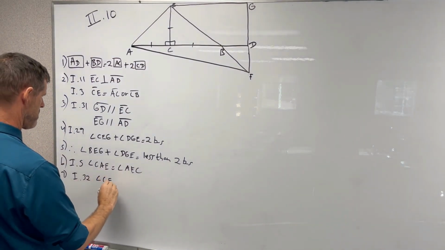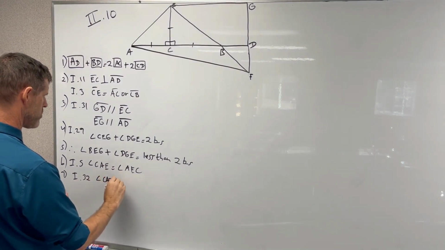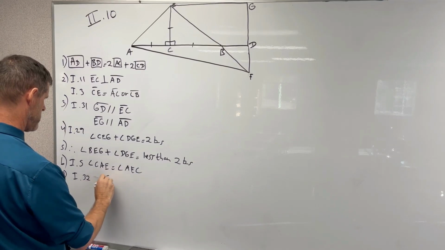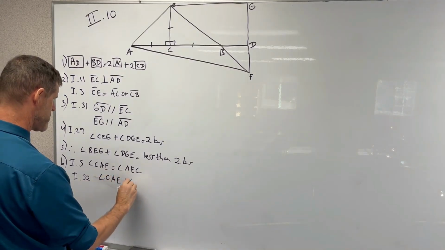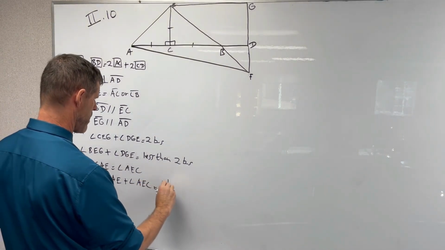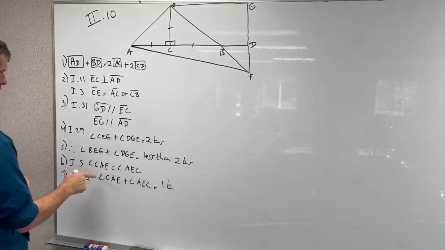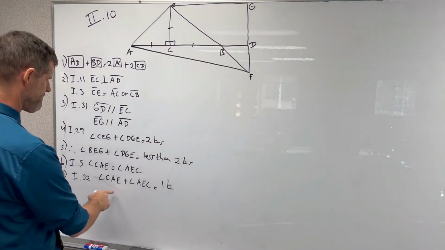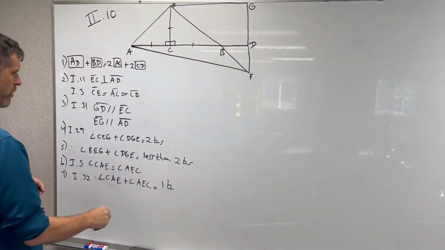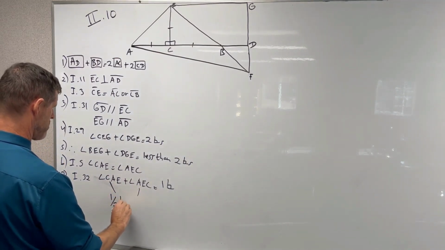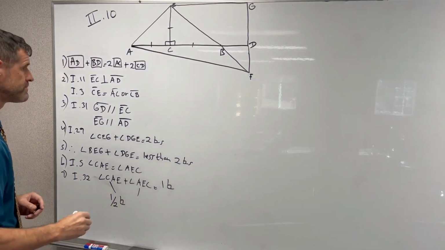So CAE plus angle AEC equal one right angle. But since they're equal, therefore each of them must be half of a right angle. So each of these is 1/2 of a right angle.